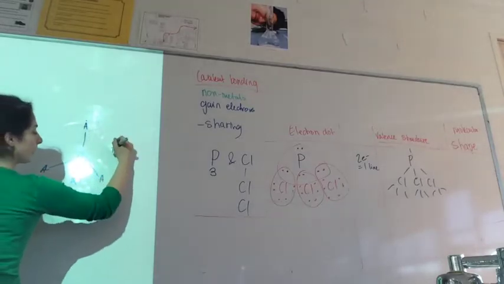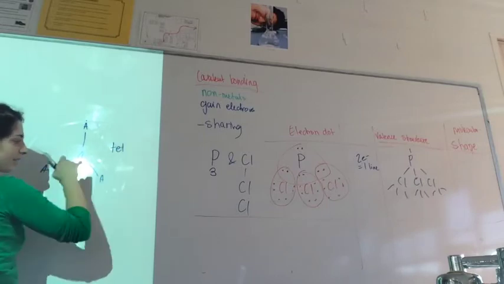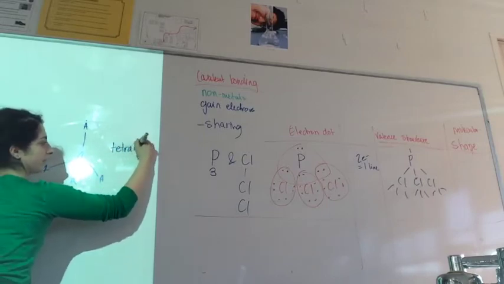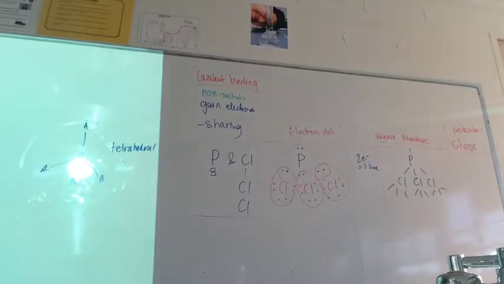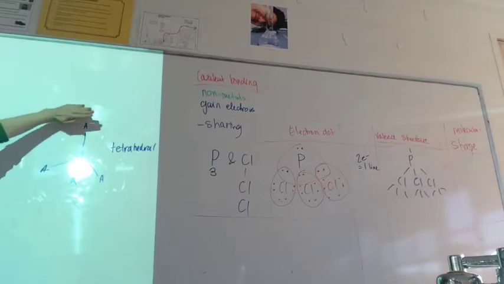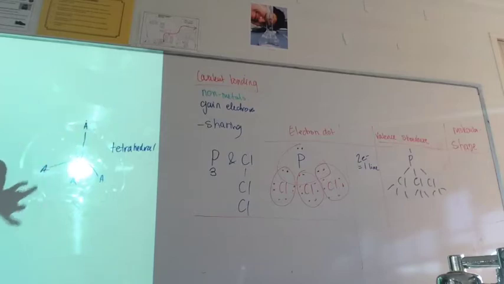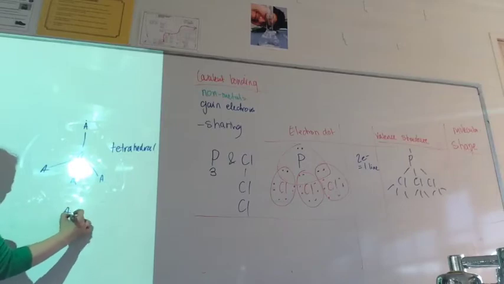Yep, so tetrahedral is when you've got 4 atoms surrounding a central atom. But let's say that you've actually got 3 atoms surrounding a central atom, but you've got 1 lone pair. Now you can't include that atom in the shape. So we'll draw that out.